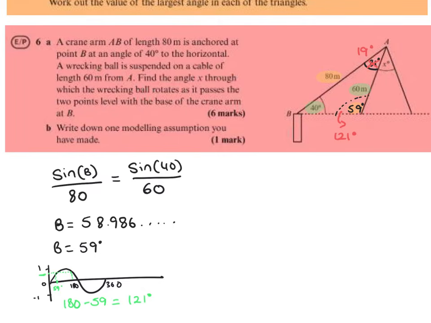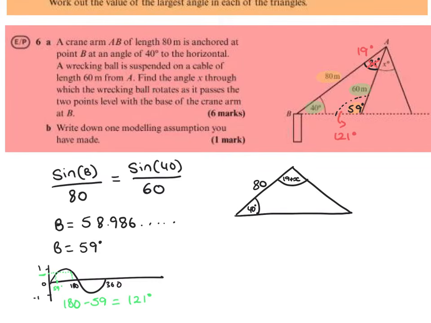What I'm going to do is I'm going to draw this triangle out again, okay? And we know that this is 80. We know this is 40 degrees. We know this is 19 plus x.